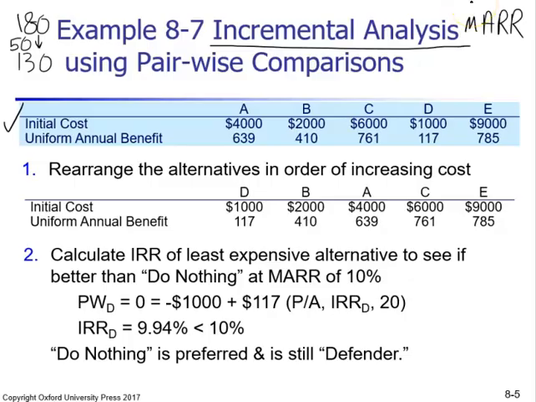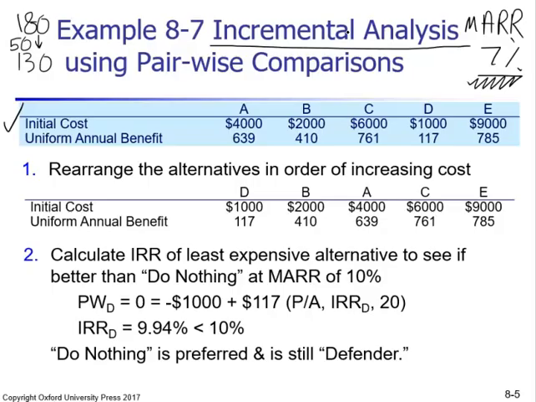For example, I said my MARR is 7%, or 5%. If the internal rate of return is greater than the minimum attractive rate of return, I'm going with that. If not, I'm not going to do anything. I will go with that passive investment. I don't need to do anything because I can already get 7% without doing anything.